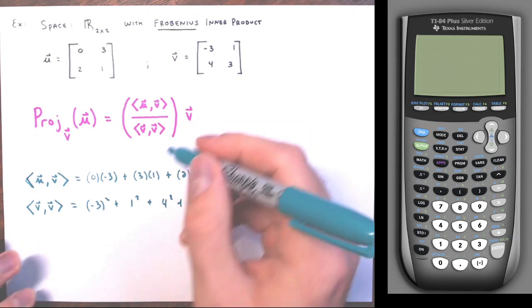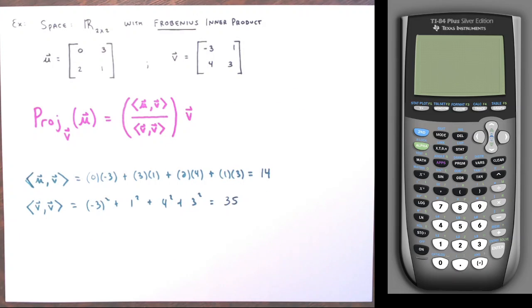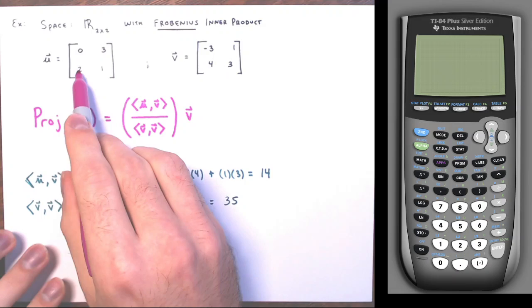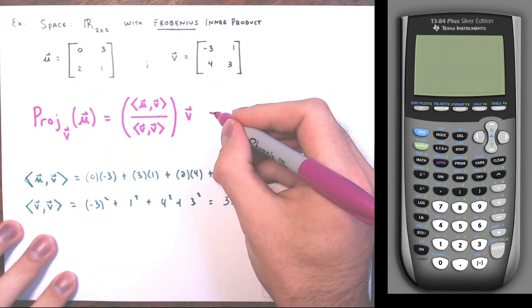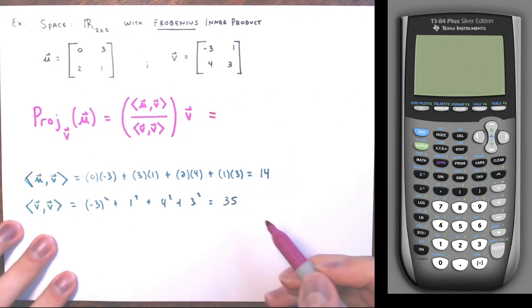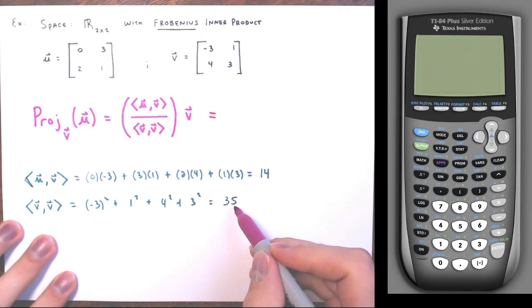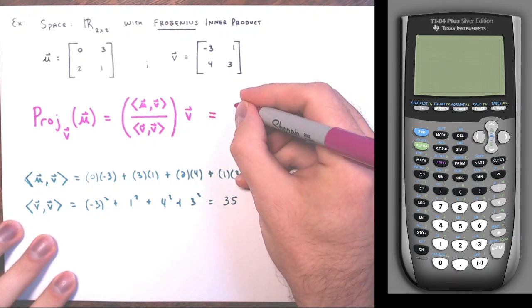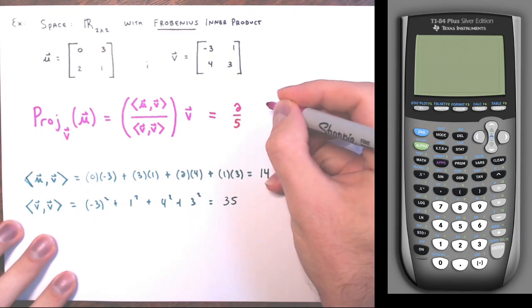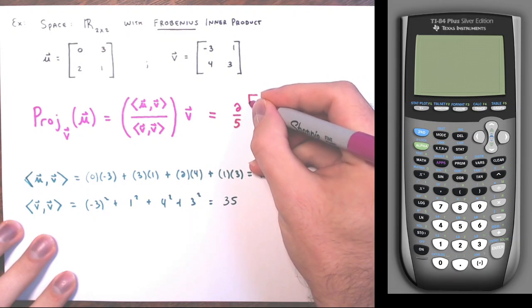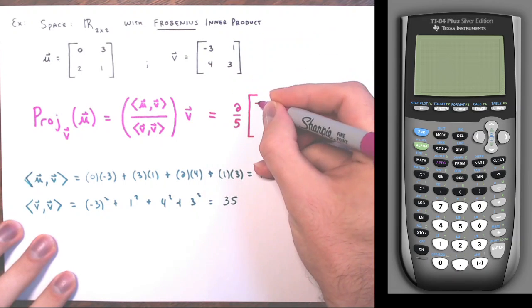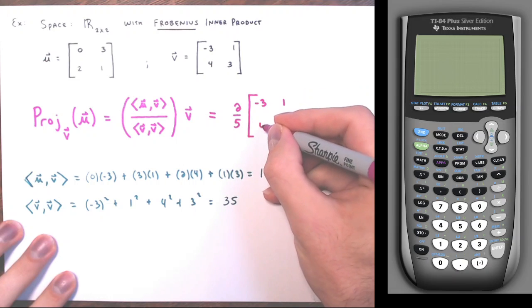So the projection of vector u onto vector v here is 14/35. Now that simplifies, right? This is 2 times 7, this is 5 times 7. So it's just 2/5 times vector v, which is the 2 by 2 matrix with rows negative 3, 1 and 4, 3.